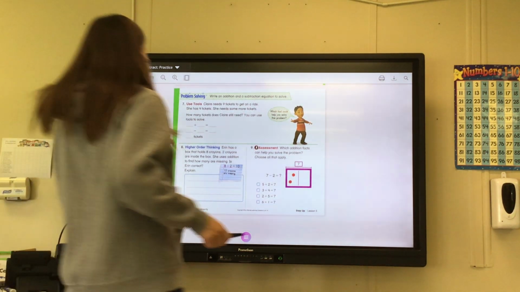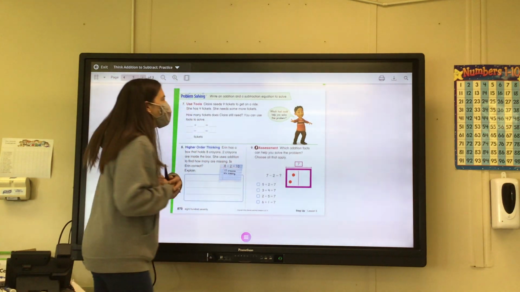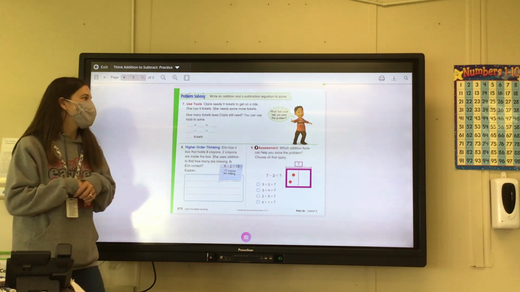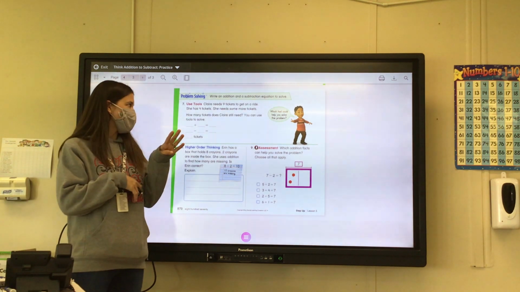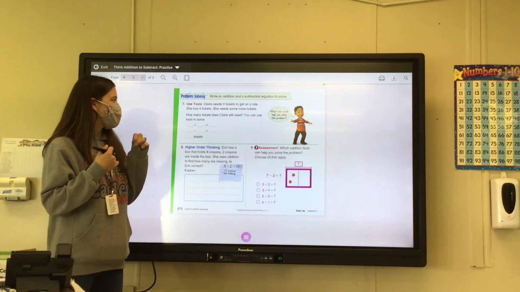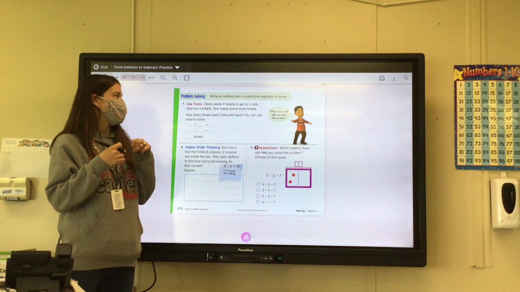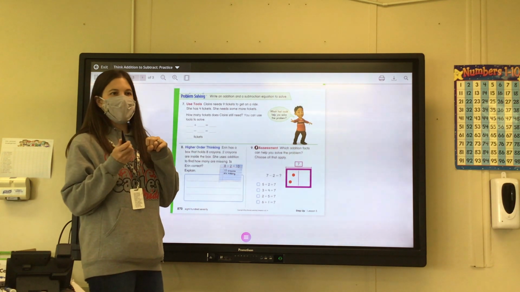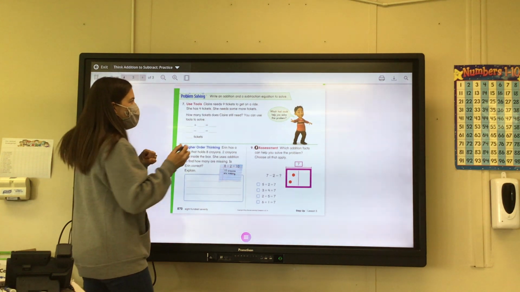All right, number 7. Claire needs 9 tickets to get on a ride. She has 4 tickets. She needs some more tickets. How many tickets does Claire still need? You can use tools to solve. Okay, let's think about it. How many tickets does she have?